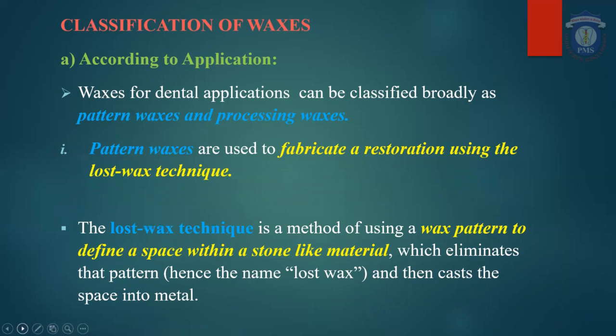The lost wax technique is a method of using a wax pattern to define a space within a stone-like material, which eliminates that pattern, and then casting the space into metal.